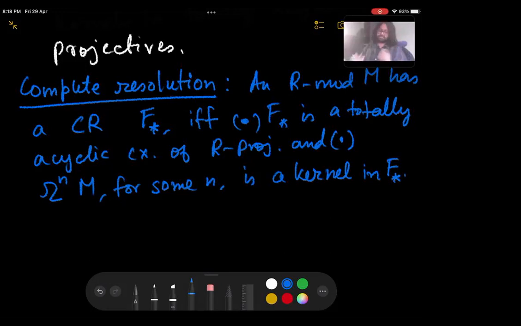I'm taking the shortcut route of defining complete resolutions.